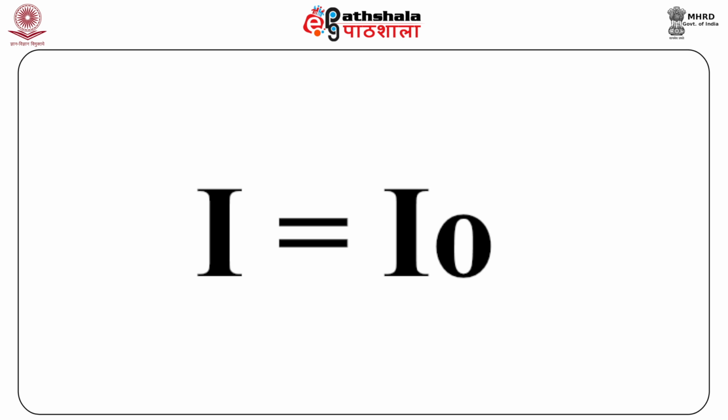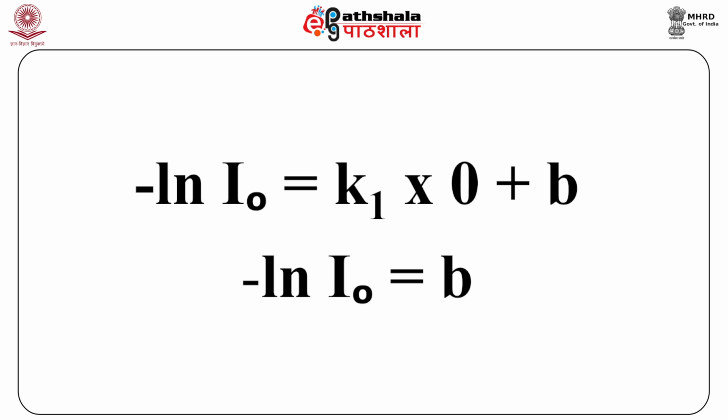Now, when the concentration becomes equal to 0, there is no absorbance. Thus, the condition becomes I is equal to I naught. Substituting the value of I in equation 1, it changes to minus ln I naught is equal to K1 multiplied with 0 plus B. It results in the value of B as minus ln I naught.